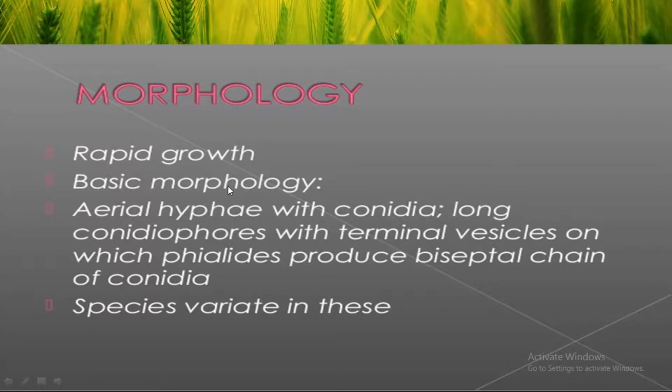These fungi have a very rapid growth, which is why they are very important culture contaminants in the laboratory. Suppose we want to grow some other fungi which grow rather slowly. Compared to Aspergillus, they have a much slower growth. So suppose you have not fumigated the laboratory, these Aspergillus organisms may grow as a rapid contaminant on the Sabouraud's dextrose agar.